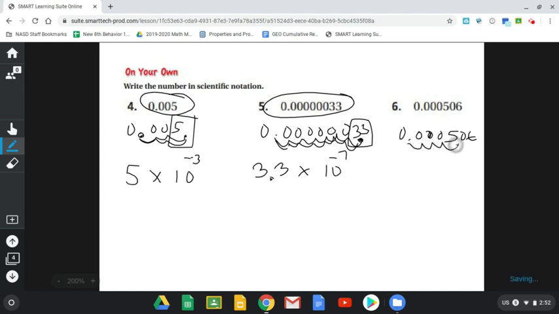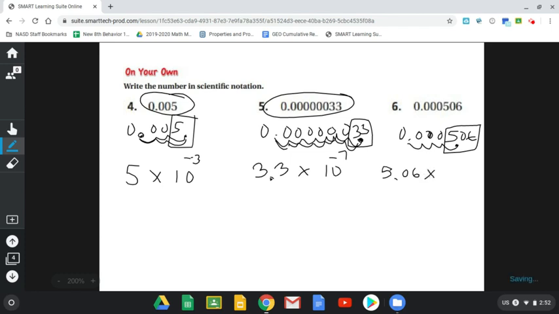Stop here because we just passed a 5. So that's where it's going to end up. I'm going to write all of these numbers. 5.06. Now you'll notice that there is a 0 in this number, but that 0 is between two other numbers, so I have to include it. I can't get rid of that number. It's only if it's on an end of a number that we don't really need it.